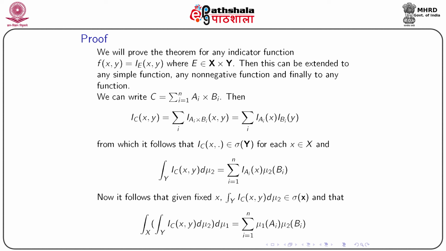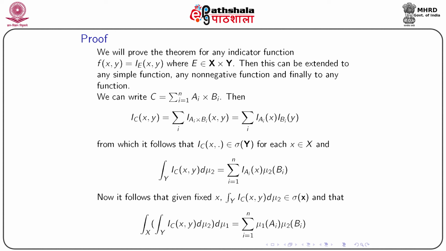So it can further be written as the sum over i of I_{A_i}(x) I_{B_i}(y), from which it follows that I_C(x, ·), where x is fixed, belongs to the sigma field of Y, script Y, for each x belonging to script X. And if this is so, then we know that the integration over y of I_C(x,y) d mu2 will be the sum over i of I_{A_i}(x) mu2(B_i).